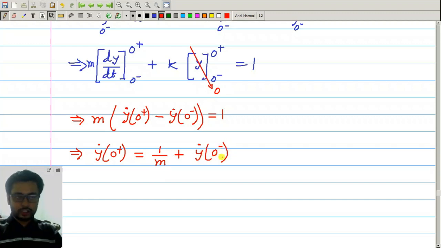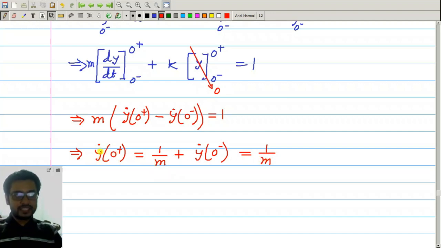Now y dot(0-) is 0, that is given in the initial condition, so this will be equal to 1 over m. This is also as expected.